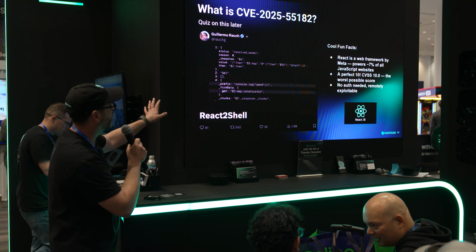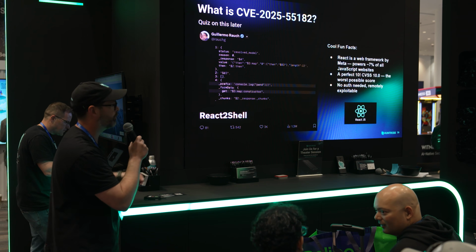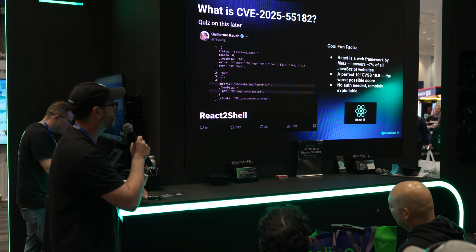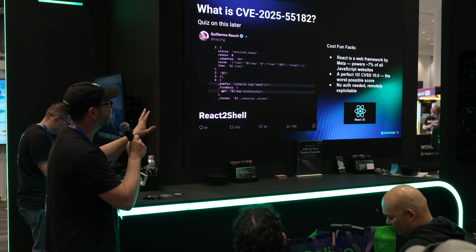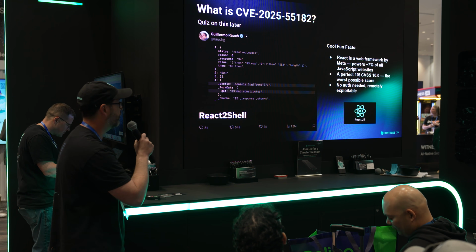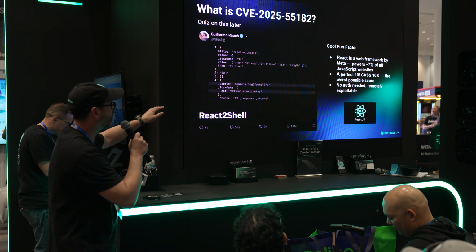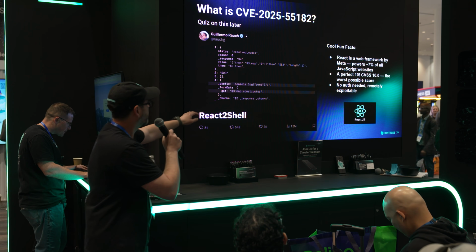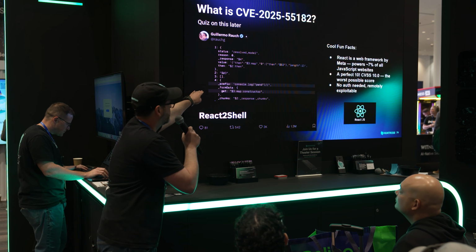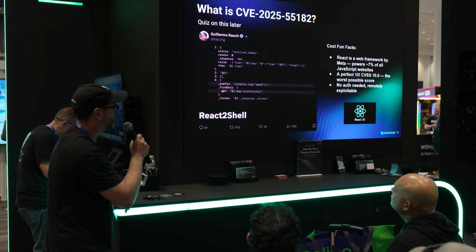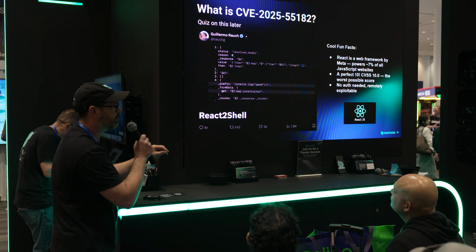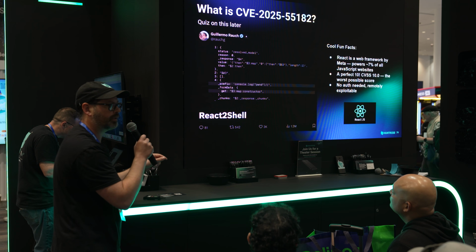So on the left here, we've got the CEO of Vercel, who is a big contributor to React, and he posted this proof of concept exploit on the internet. And this kind of gets to the core of what this exploit is. Right here we have this prefix stanza. Even though it's just a basic console.log JavaScript here, what that does is it's a deserialization bug.